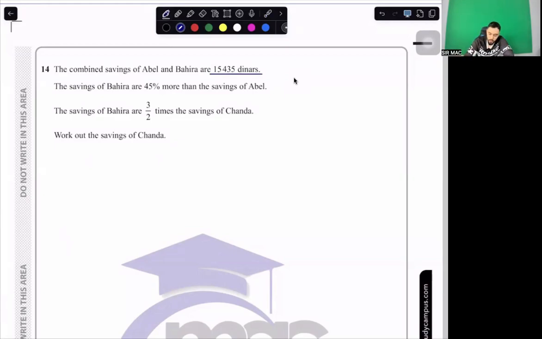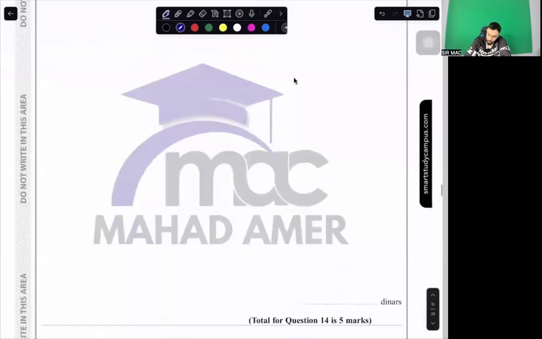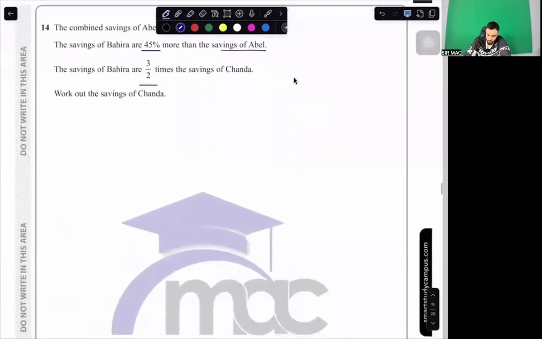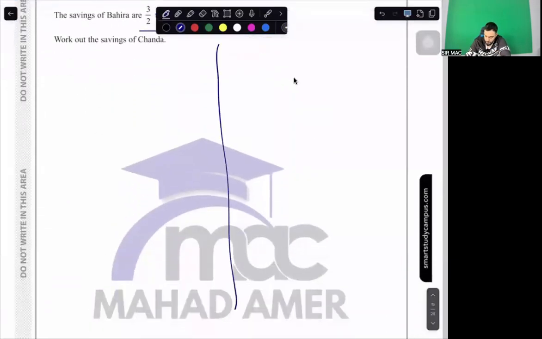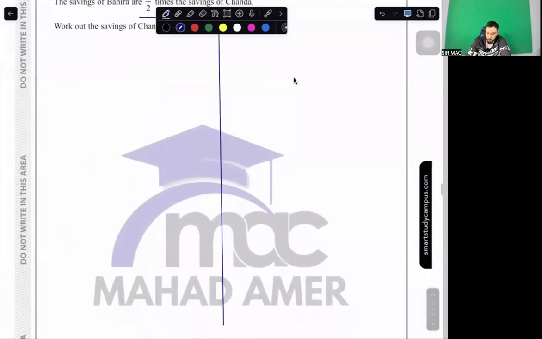The savings of Bahira are 45% more than the savings of Abel. The savings of Bahira are 3 over 2 times the savings of Chanda. Work out the savings of Chanda. Just relax and do it step by step.